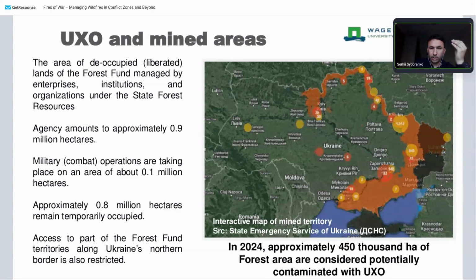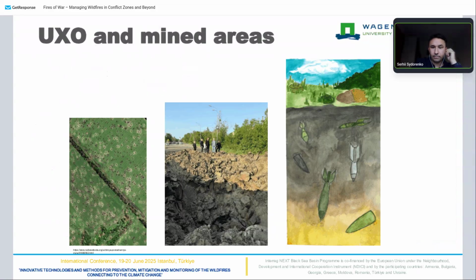The highest priority is settlements, of course, infrastructure objects, then agricultural lands, and in the end, forested lands. So this impact will be significant for decades, unfortunately.